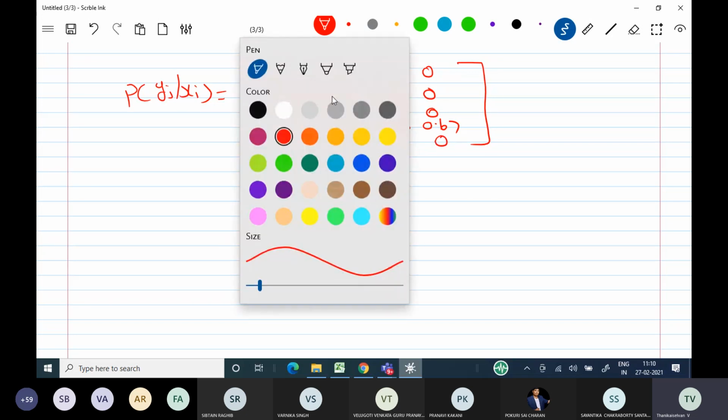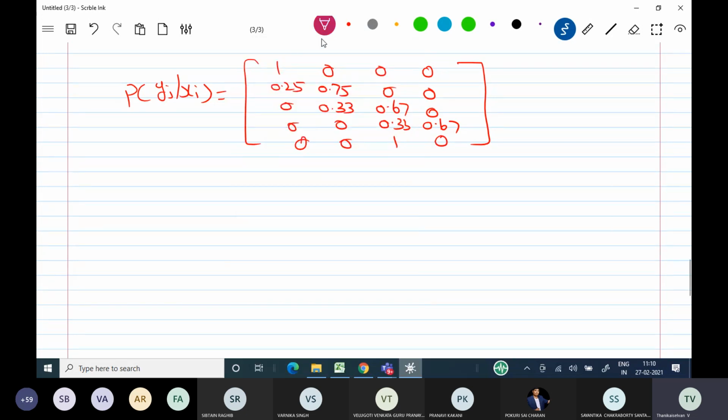So now you see this. What I am going to do here is draw the channel matrix diagram: x1, x2, x3, x4, x5 and y1, y2, y3, y4. You see how I am going to draw my channel diagram. Already I told you the matrix is given, and you have to draw the channel diagram.